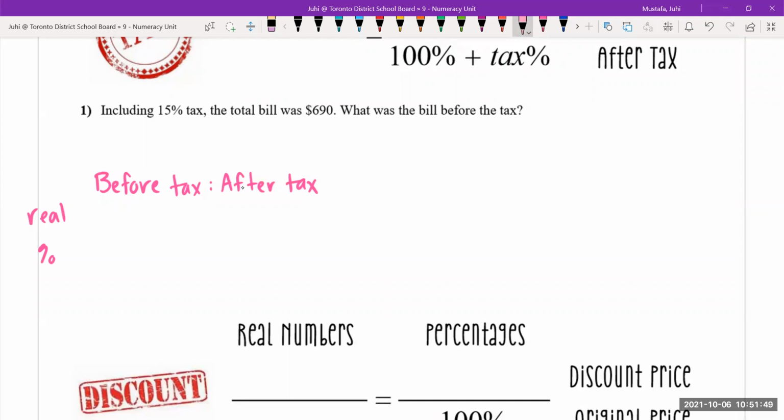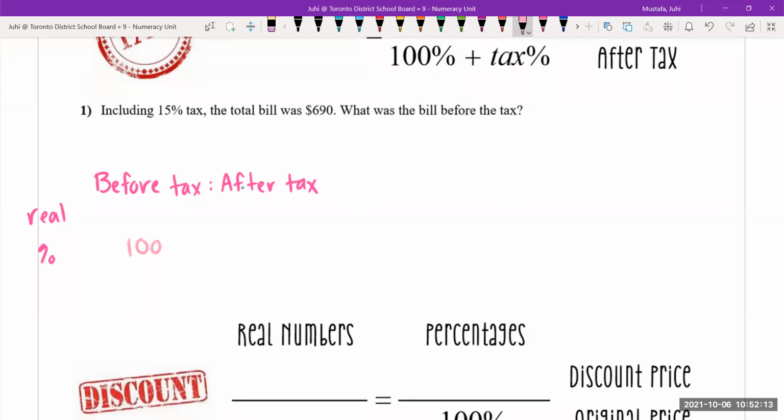Okay, so now let's think about it, including 15% tax. Let's say this is a bill when you go to the Apple store. When you pick up a product before tax, what percentage is that product? Yeah, always before the tax, you are paying 100% of the price.